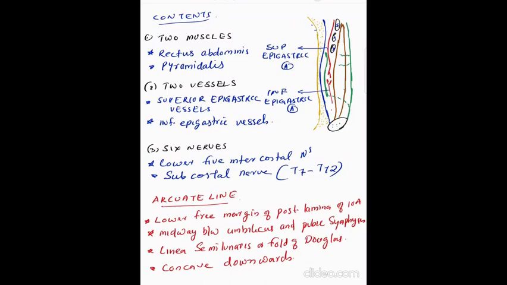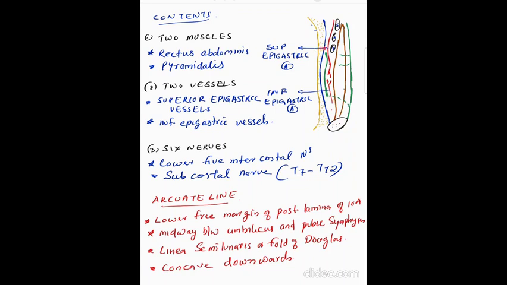Now let us see what are the contents of the rectus sheath. The contents are: two muscles, two vessels and 6 nerves. What are the two muscles? Already we know the rectus abdominis muscle is present, and there is another small muscle present at the lower part of the rectus abdominis, known as the pyramidalis muscle. Next, two vessels: the superior epigastric artery and inferior epigastric artery.